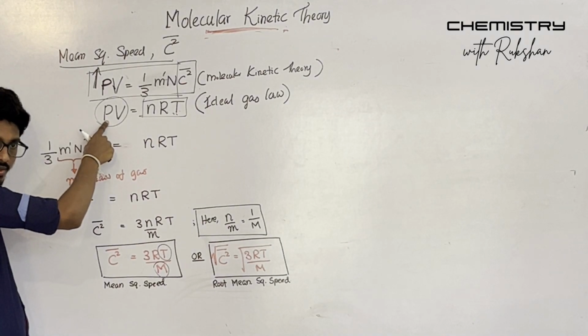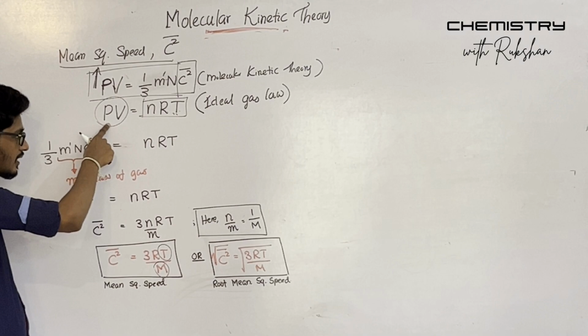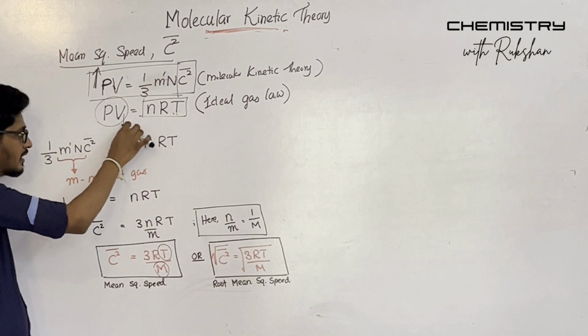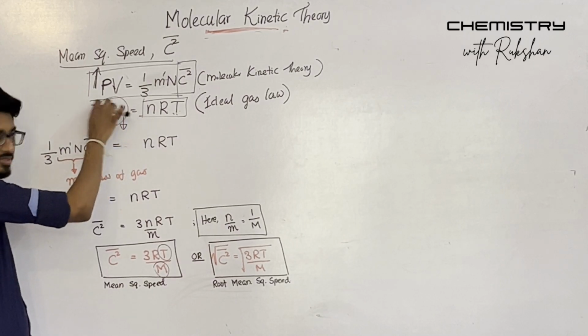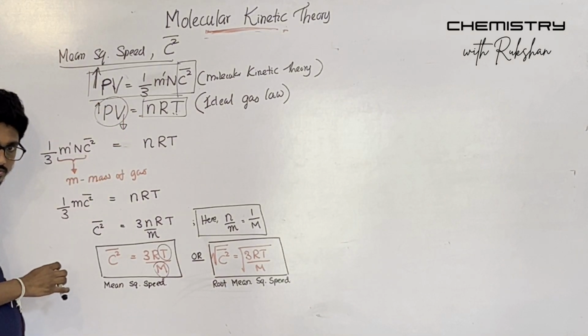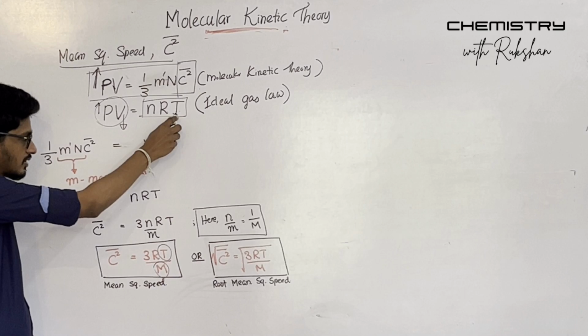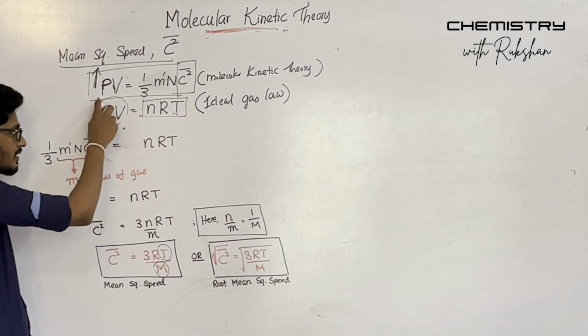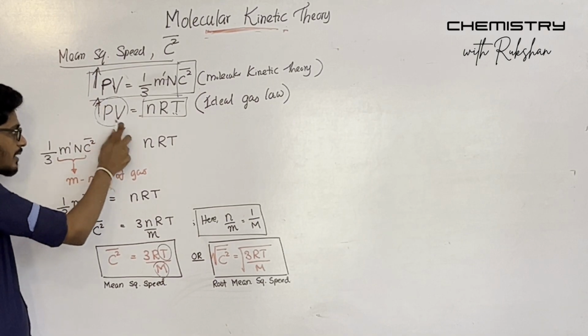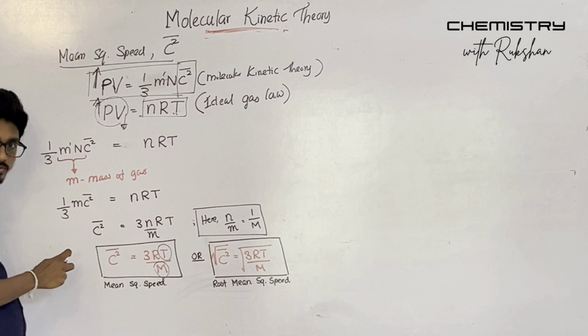How come? The PV multiplication will be kept as a constant by decreasing the volume if you are to increase the pressure. As far as you are maintaining the temperature constant with the same gas, even though you increase the pressure, PV multiplication should be kept constant by decreasing the volume.